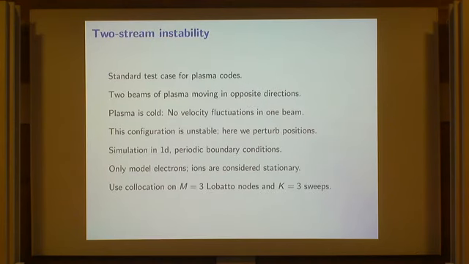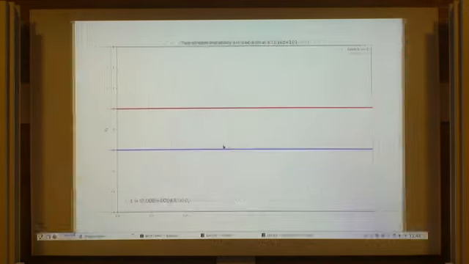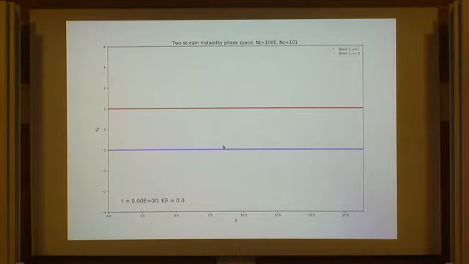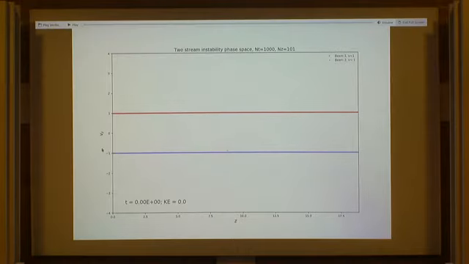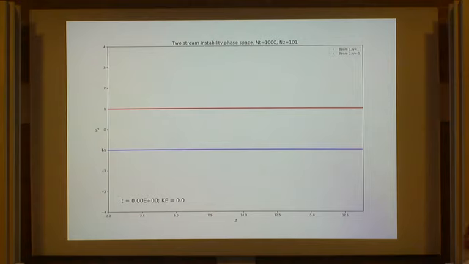So a standard test case is a two-stream instability, where you have one stream of particles going this way, one stream of particles going the other way. So this shows all the particles.